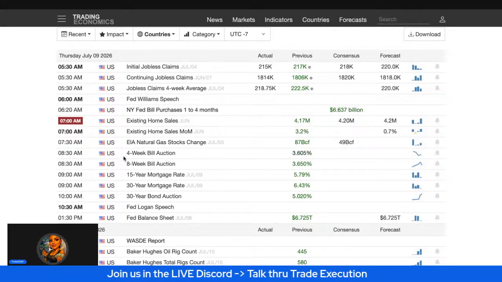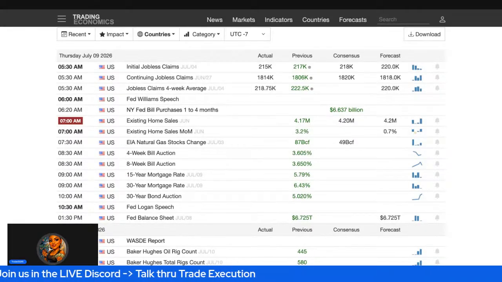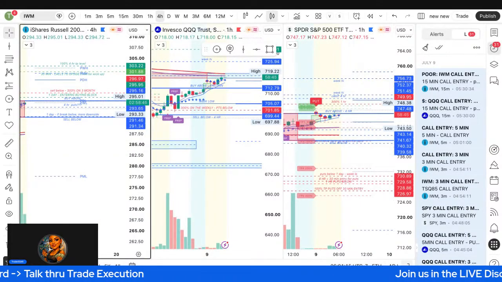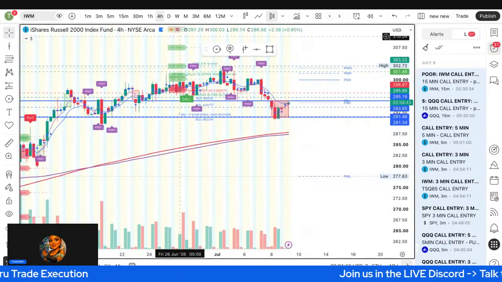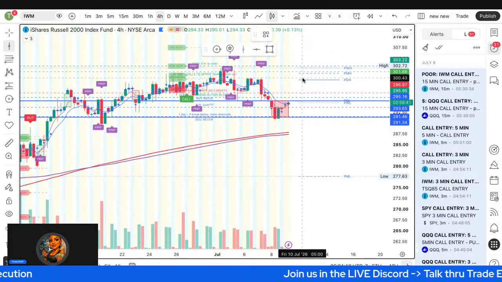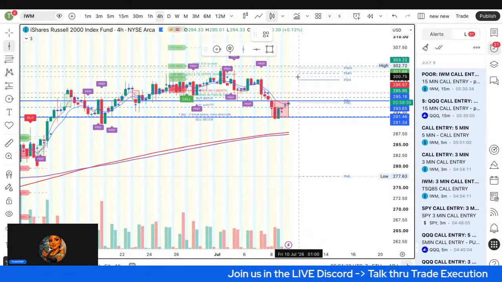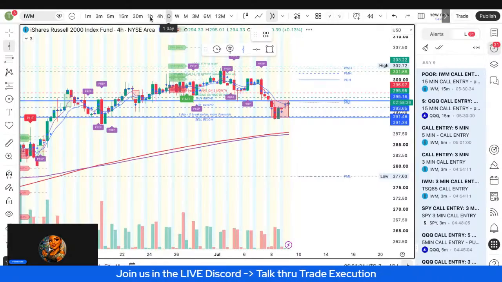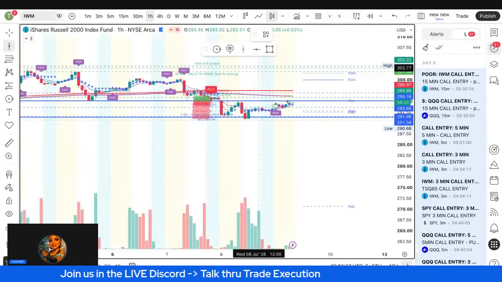So we will go ahead and plot that on the chart. Let's go ahead and put that on this one real quick. Yeah, I think I'm getting my rhythm. No, I want it on the 1 hour.